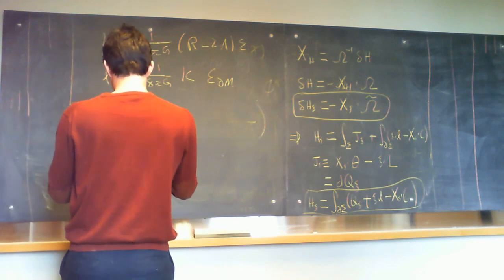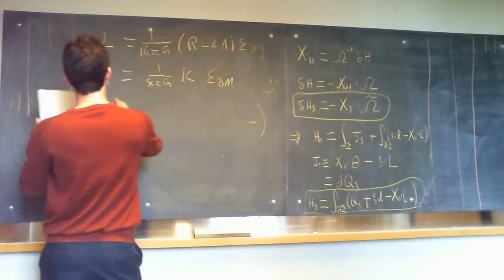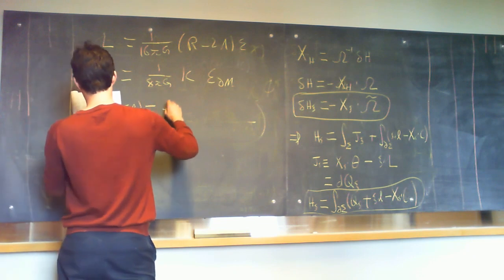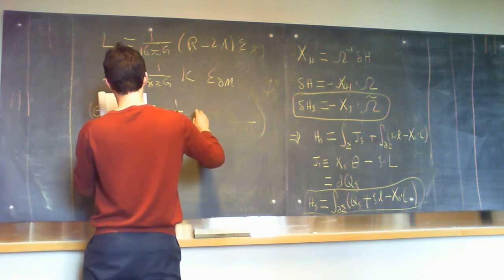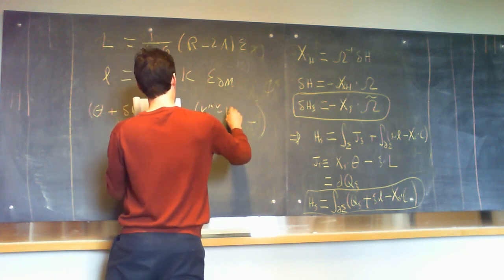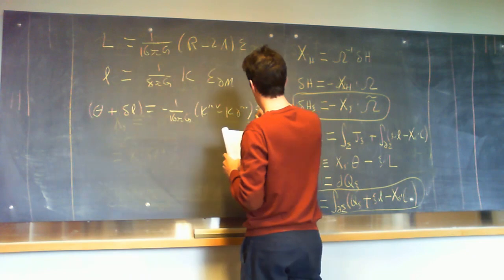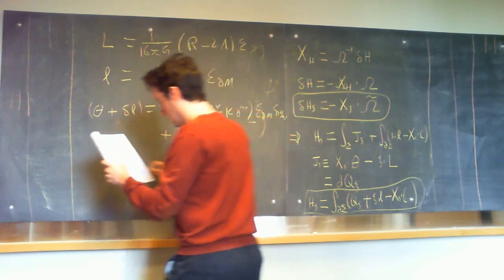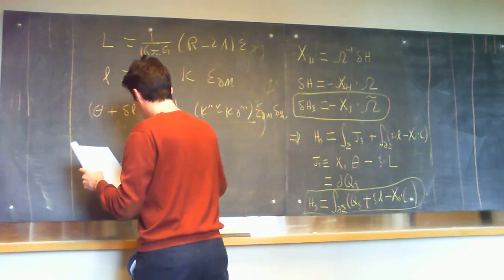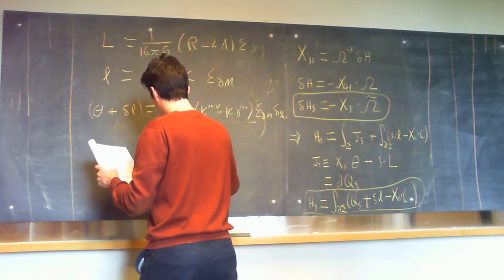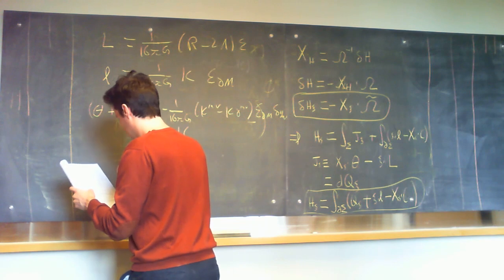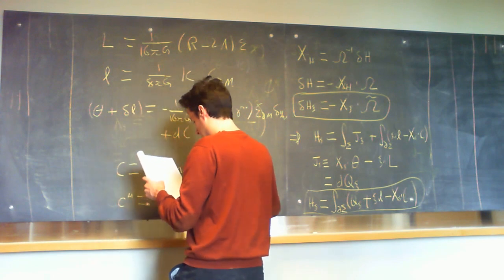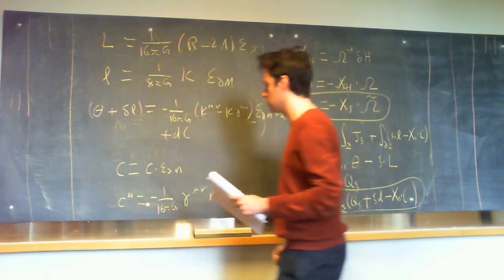And then theta plus delta L is equal to minus 1/16 pi G times (K_mu nu minus K gamma_mu nu) epsilon of the boundary variation of g^mu nu, plus dC, and C is equal to what I'll call little c dot epsilon_partial M, where little c^mu is a vector, minus 1/16 pi G gamma^mu nu n^alpha delta g_nu alpha. Okay.